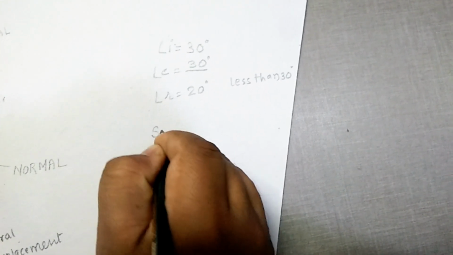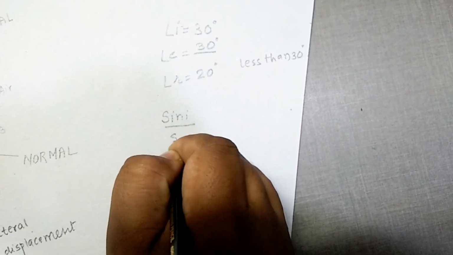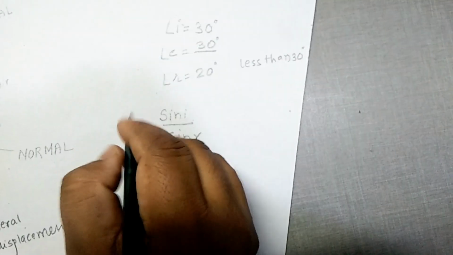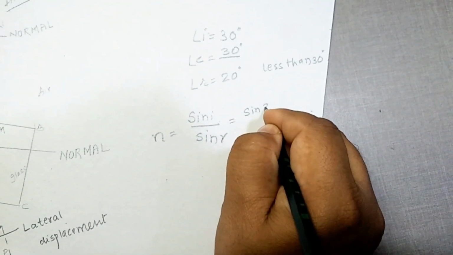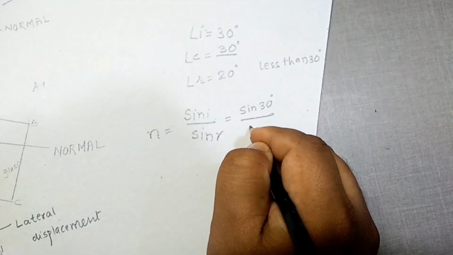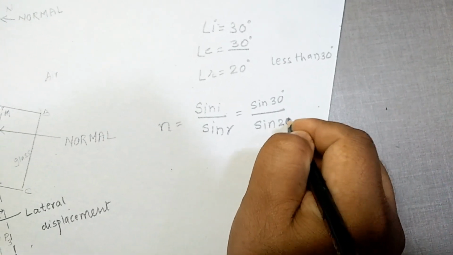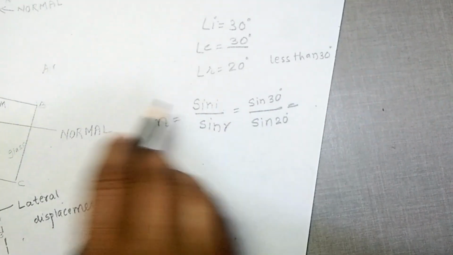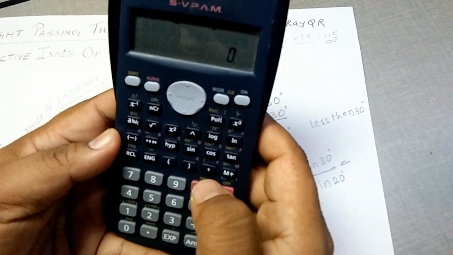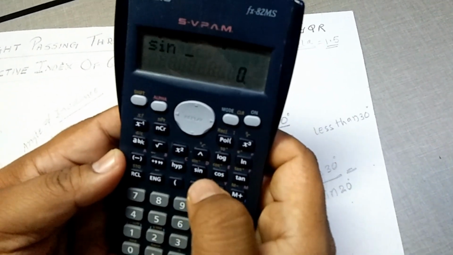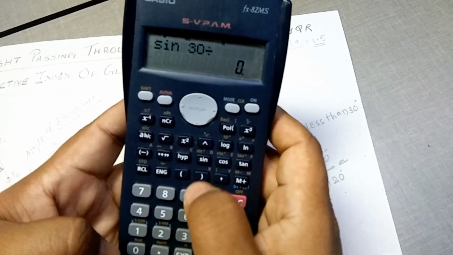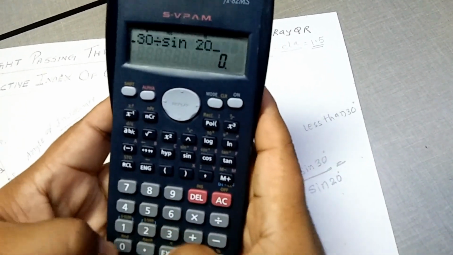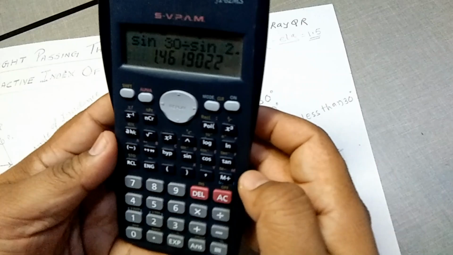So let us see the values. The refractive index is equal to sine I upon sine R. So it is sine 30 degree divided by sine 20 degree. Let's see what the value is. We have sine 30 divided by sine 20, and the value comes out to be 1.46.